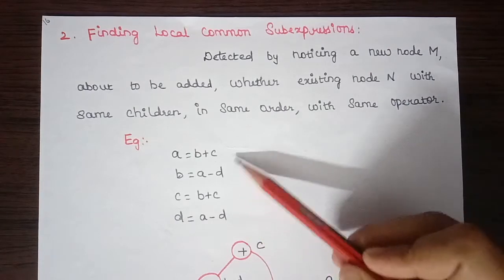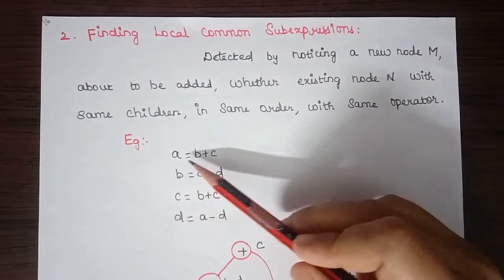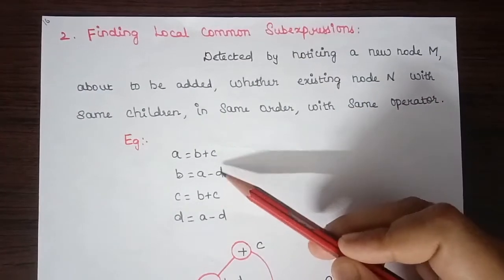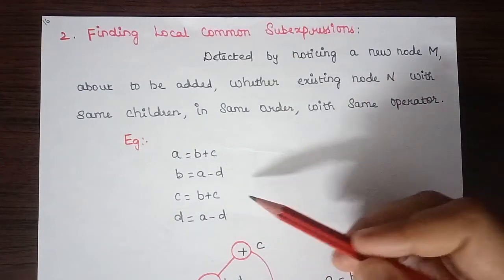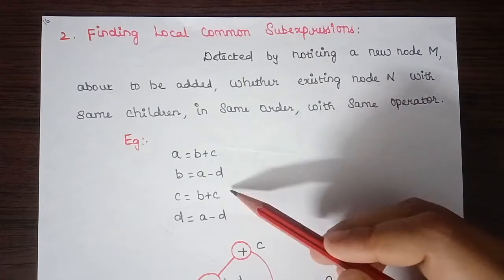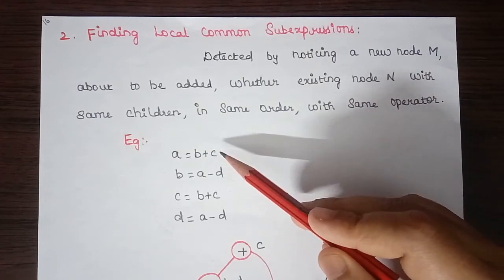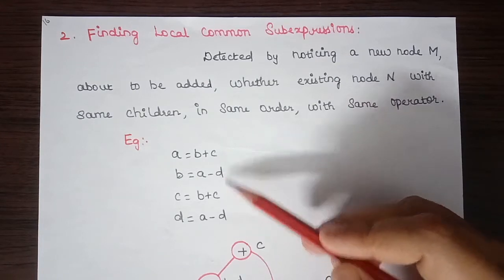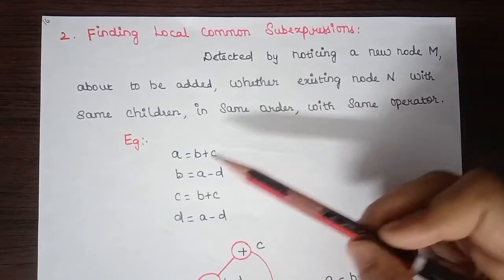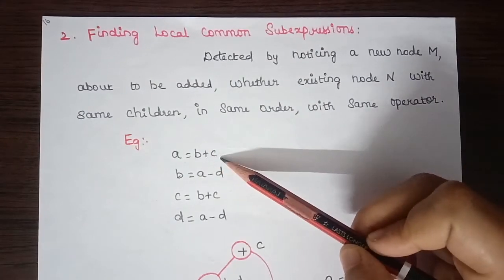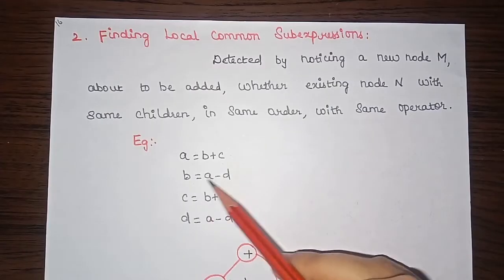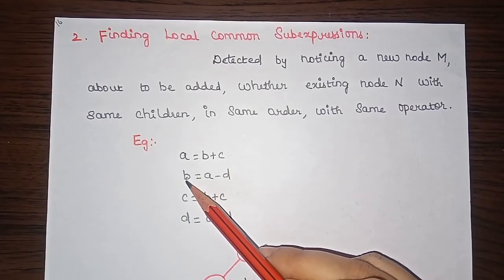In this example we have the common subexpressions here, b plus c and a minus d. We already know that whenever we have common subexpressions, the computation of the common subexpression should not be changed in between the statements. For example, the first statement is a equals b plus c, and the second statement is calculating the value of b.